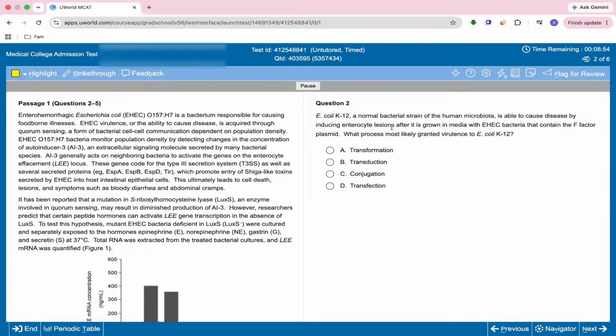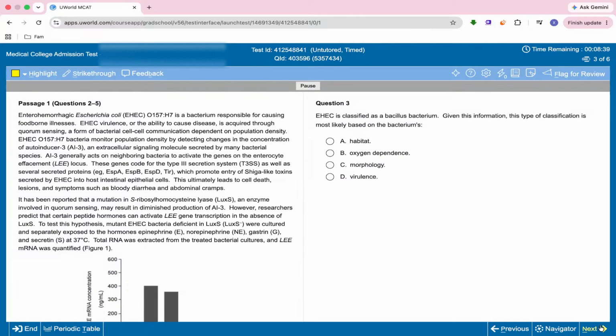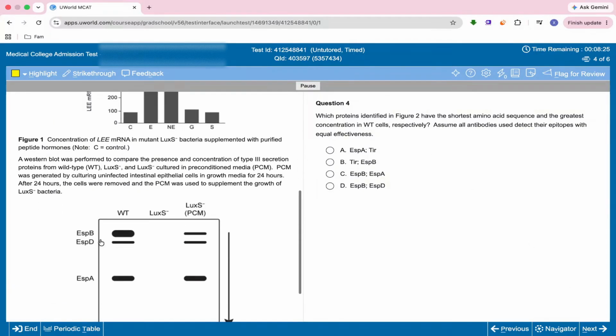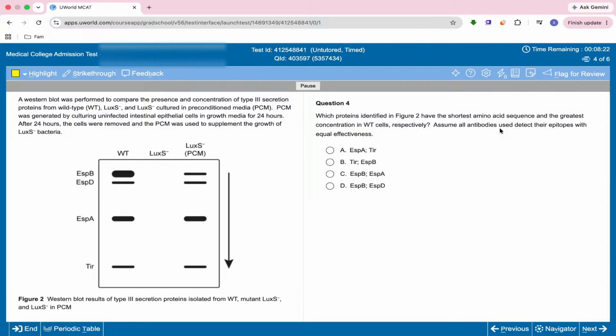Which process most likely? I would say conjugation. EHEC is classified, this type of classification is most likely based on the morphology. Which proteins identified in Figure 2 have the shortest amino acid sequence and the greatest concentration in WT cells, respectively?